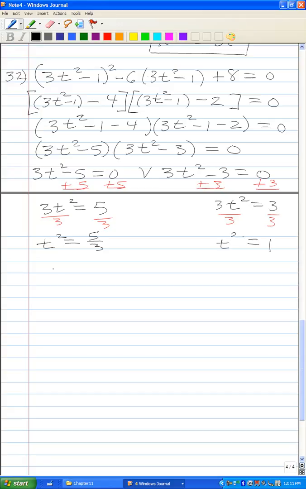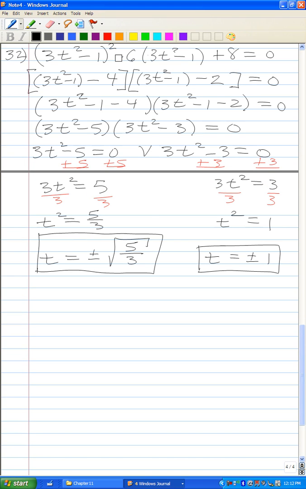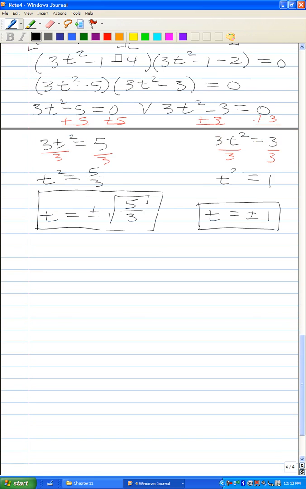So by the square root property, t is equal to ±√(5/3). There's two solutions. t is equal to ±√1, which is ±1. Here's another additional two solutions. And so I have 1, 2, 3, 4 solutions. 2 times 2 is 4. So to this fourth degree polynomial, I have 4 solutions. So good, I found all solutions. Let me do problem 34.